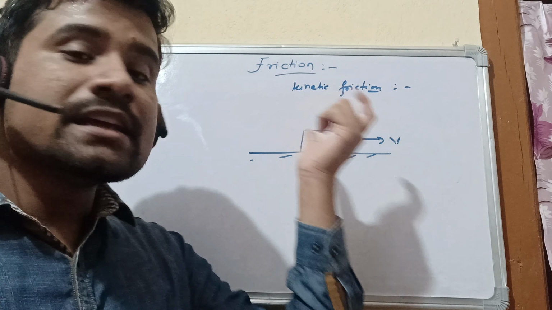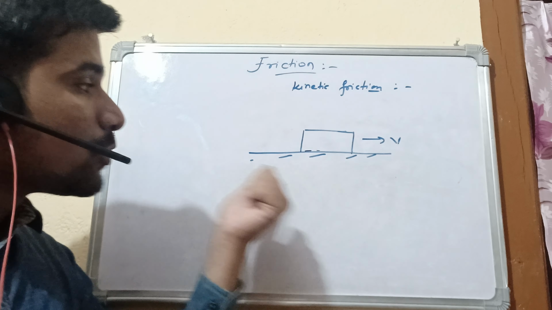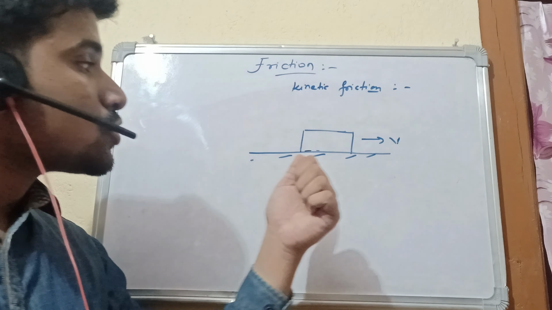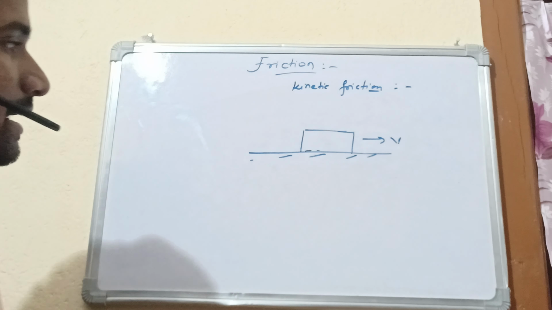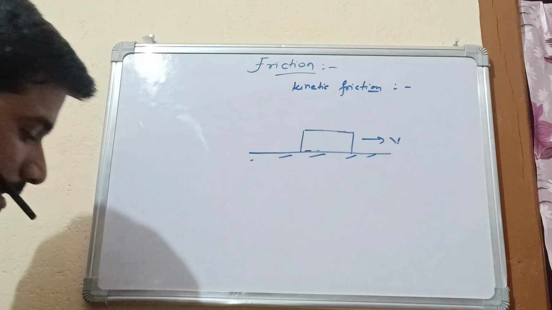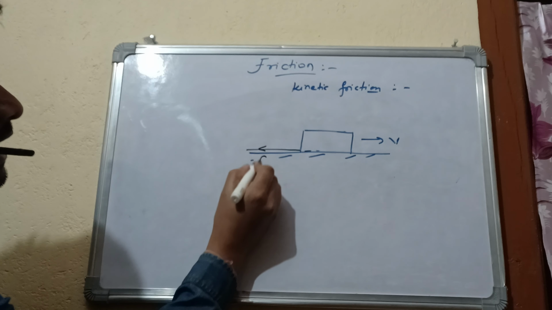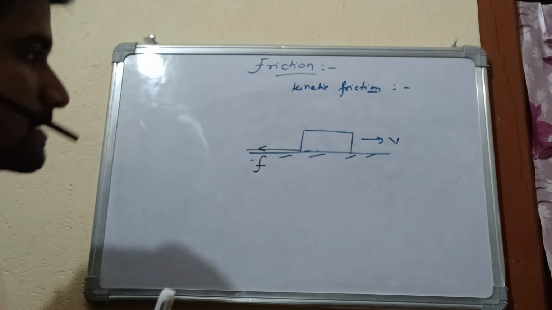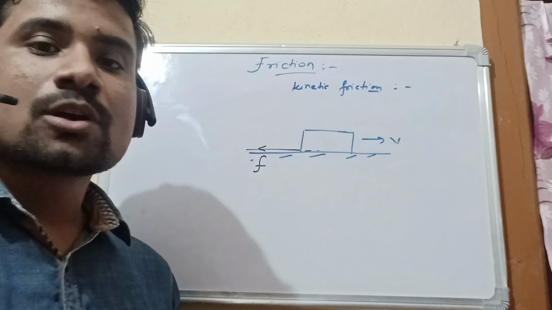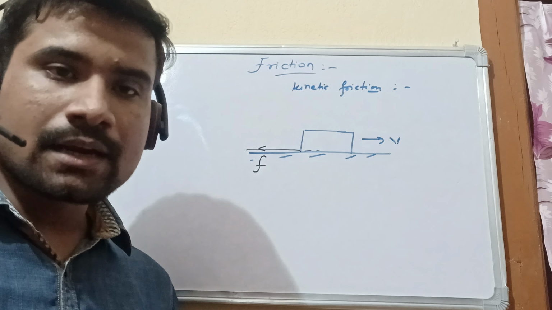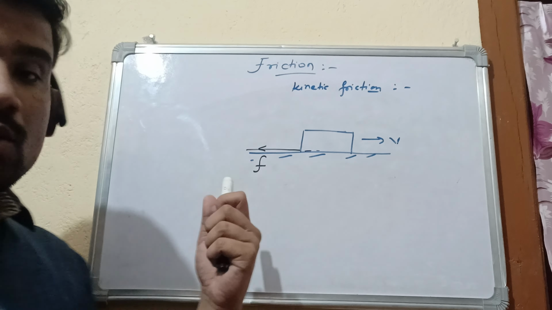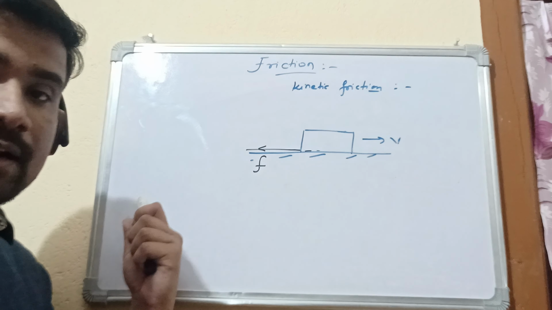So the tendency of that kinetic friction will be to oppose the motion of this body. So since this body has a tendency to move towards the right, the kinetic friction will exert toward the left, and hence it will oppose the motion of this block, right? So kinetic friction will occur towards the left, right?